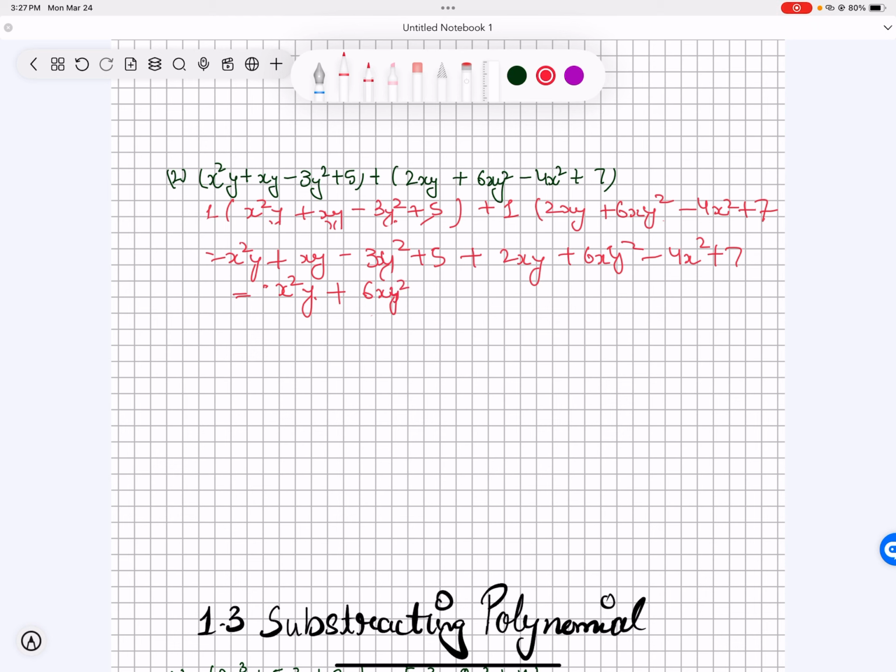So it's gonna be y squared plus, we're gonna add 2xy plus xy, which is gonna give us 3xy, and then we have 4x squared minus 4x squared, and then we're left with 3y squared.